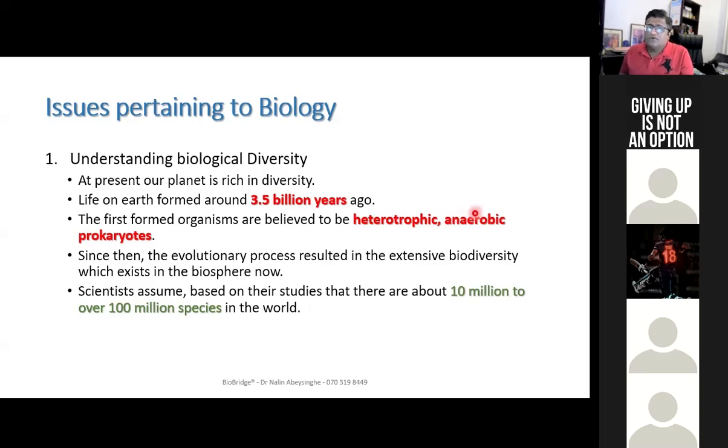So there were no green plants, right? When there were heterotrophs, how come there are autotrophs? Because for oxygen to be there, there should be photosynthesis. For photosynthesis to occur, there should be green plants.